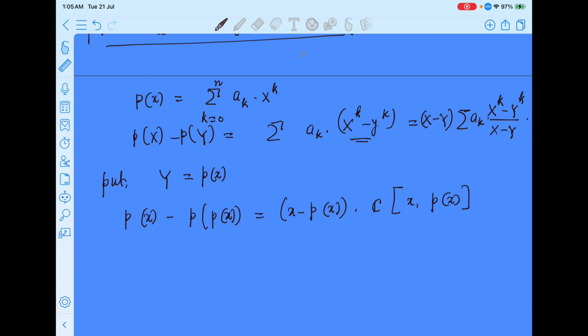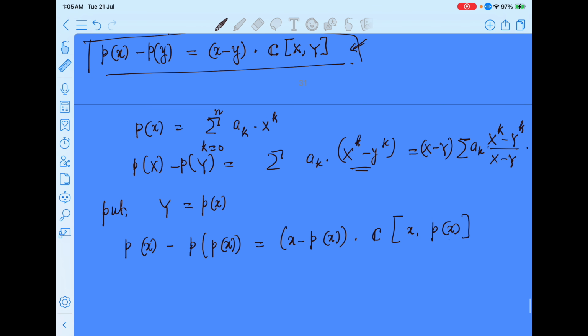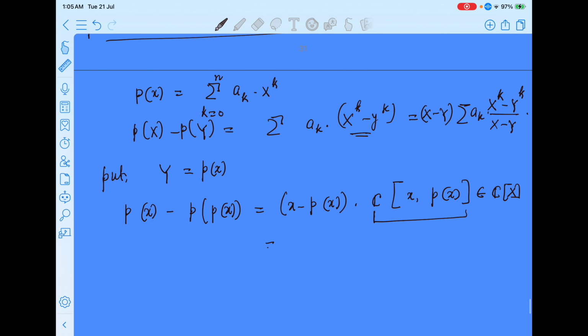So yeah, now c is a two variable polynomial. If you replace y by p(x), then the whole thing is inside C[x], right? So you can write it as x minus p(x) times some h(x), where h(x) is inside C[x]. Okay.